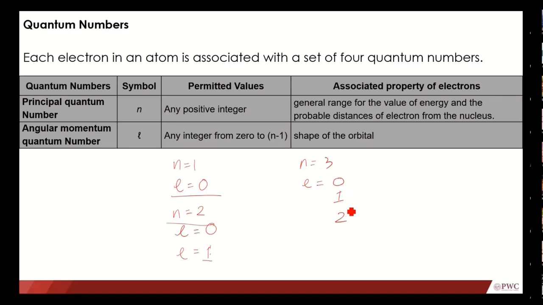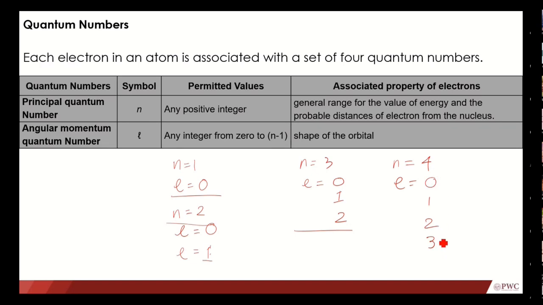We have the 0, 1, and 2. Let's go to the fourth energy level. That's n is equal to 4. What are the allowed values for l? 0, 1, 2, 3. Right, 0, 1, 2, 3. So on the fourth energy level, there are four sublevels, 0, 1, 2, and 3.